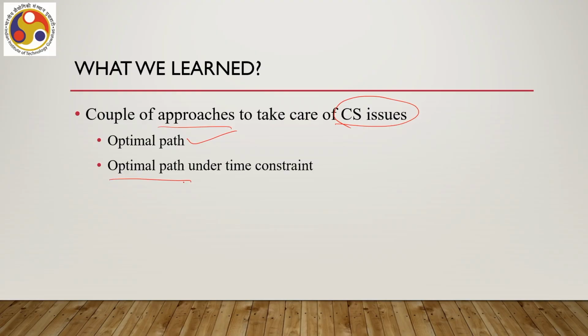So, in order to address that, we went for another optimal path formulation, where we talked about node importance and waiting times. Then we talked about a time threshold, and we try to find an optimal path that can be covered by the user within the time threshold, taking into account importance of each node and waiting time at each node.